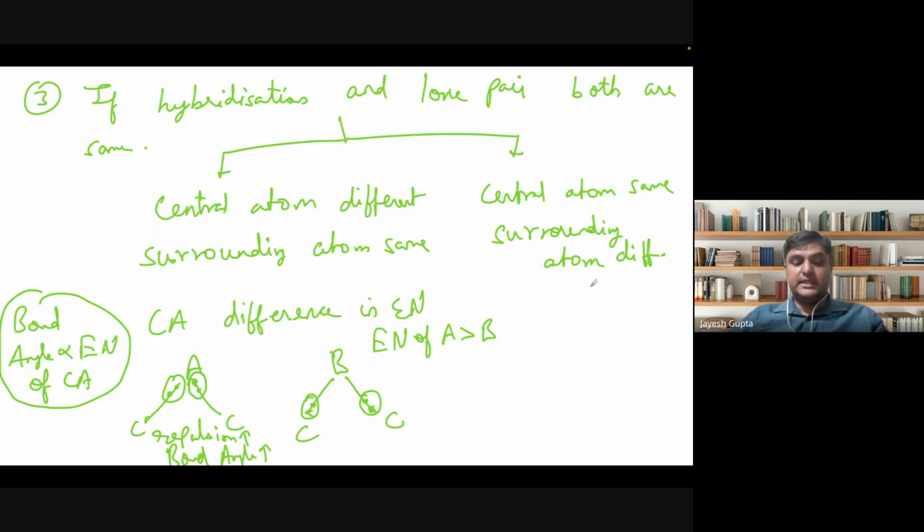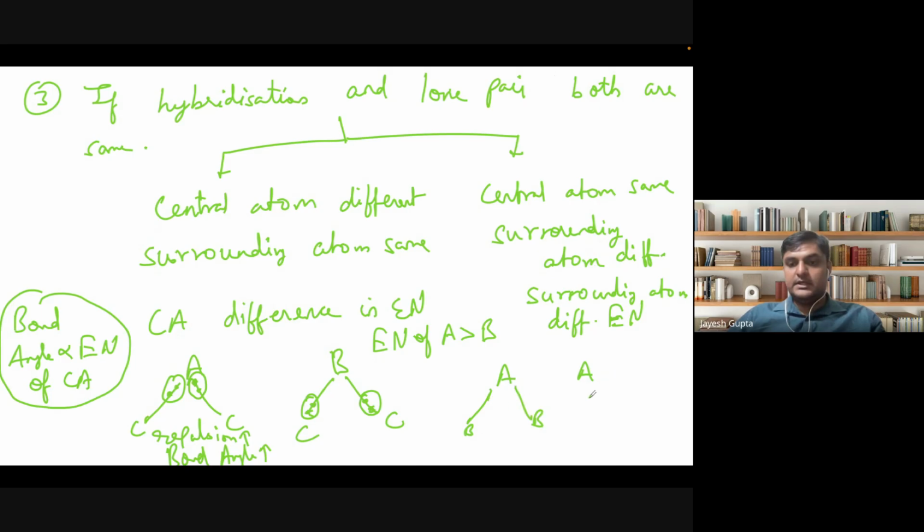Now likewise, I can see here the central atom is same and the surrounding atom has different EN. Here also I'm taking one example: the central atom is the same and the surrounding atoms are different.